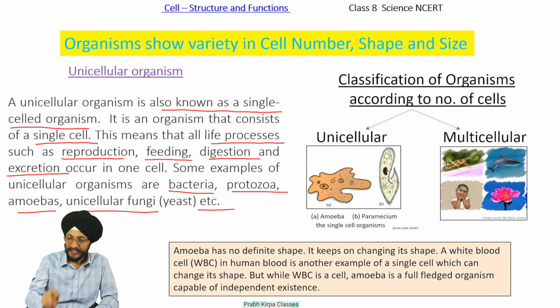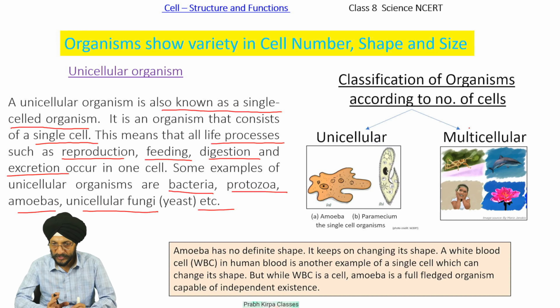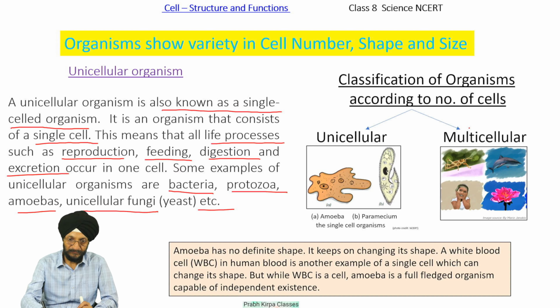Unicellular means single-celled organisms. Multicellular means those organisms which have more than one cell. Examples of unicellular organisms have been given in this photograph. Example is that of amoeba and paramecium.